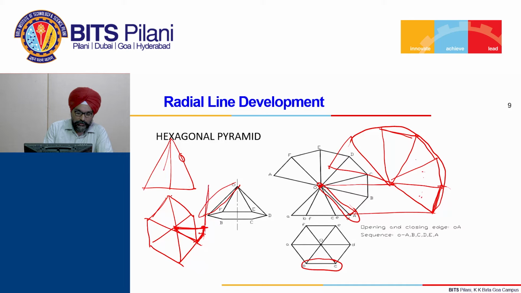Then basically you apply the concept of projection of lines, and corresponding to, let us say this was O dash A dash and the OA here. Using this you get A1, and after that you get capital A dash and capital O dash. That way you get the true length. So, this true length is to be used, not this length.